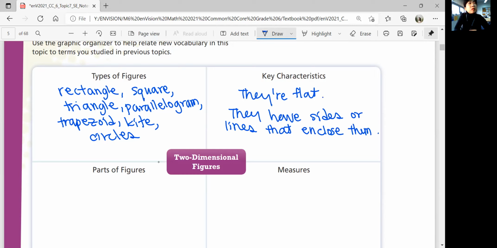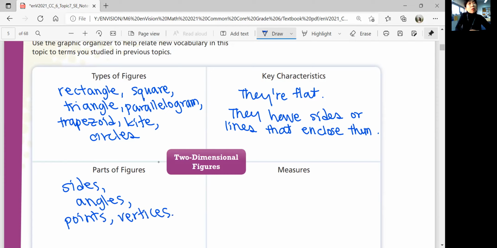Okay. What are parts of figures? Parts. Like what are the parts? Like sides. Okay, we got sides. And then we got angles. And then we got points or vertices.